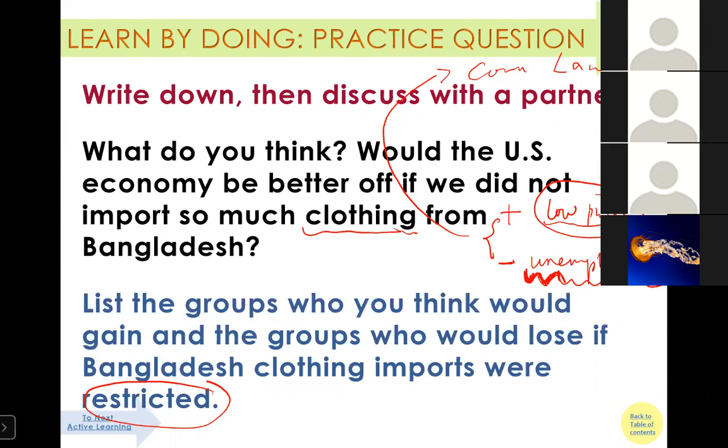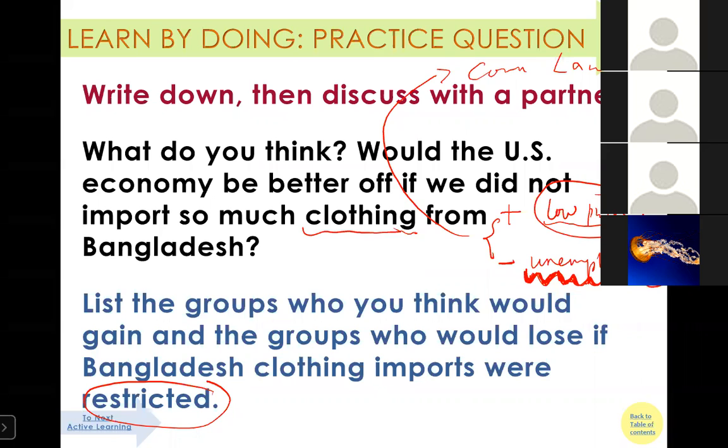And number two, because the US specializes in higher technology, right? Instead of protecting those people who lost their job because of imports from Bangladesh, of these low value added goods, maybe a better solution is to retrain those workers who lost their job due to importing, and then help them gain better skills, better technology, so they have a better job.